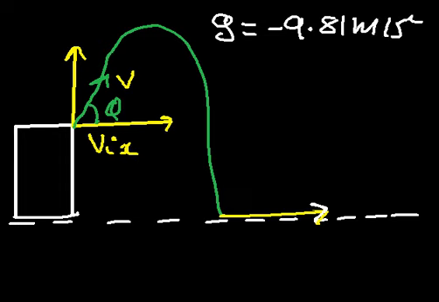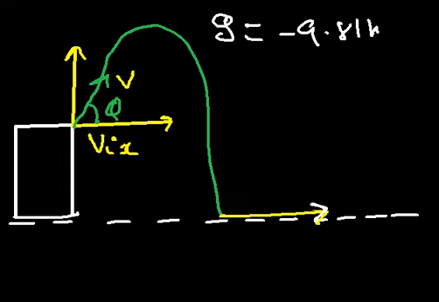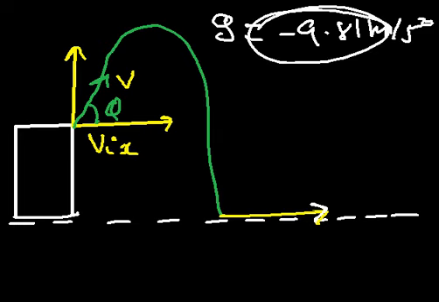In other words, acceleration along the y-axis is the acceleration due to gravity, because as the object is moving along the y-axis, there is always an influence due to the gravitational force. Hence, we have the acceleration due to gravity given as negative 9.81 meters per second squared. So get it in that way.